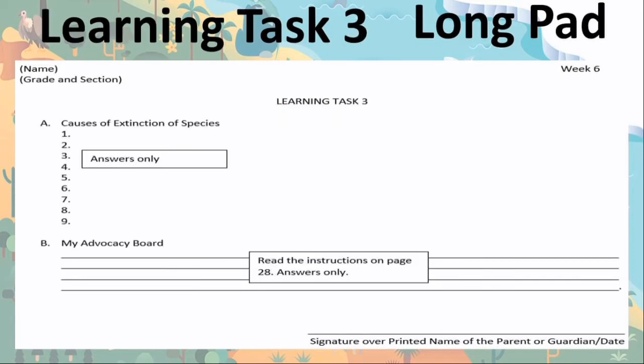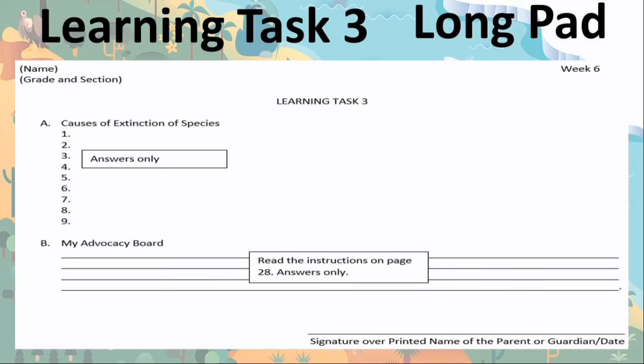For learning task 3, letter A, causes of extinction of species. Read the words in both columns, match column A with column B, and write your answer on your paper. Also, you're going to write an advocacy board. So, you have learned from the previous activity that one of the causes of extinction of species is disease or epidemics.